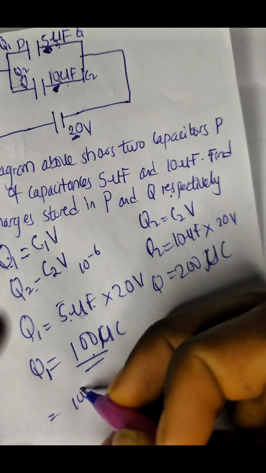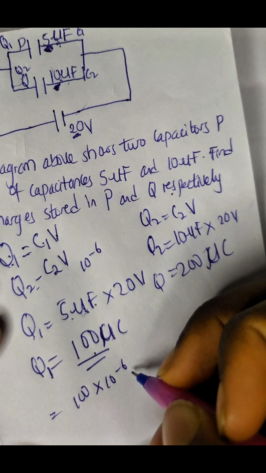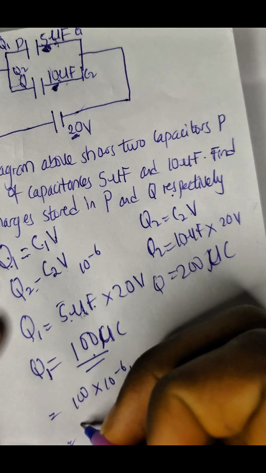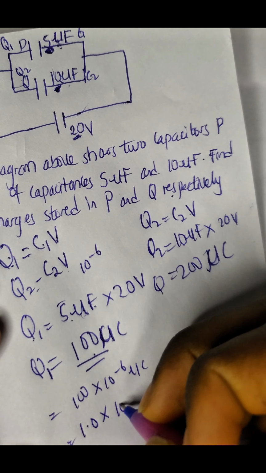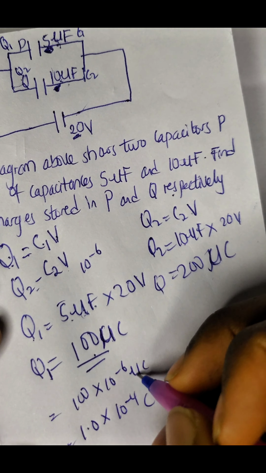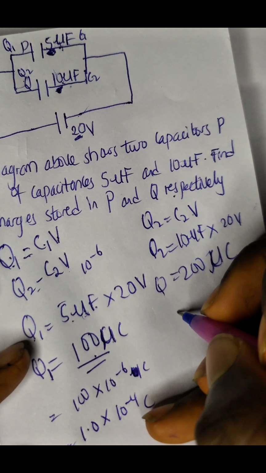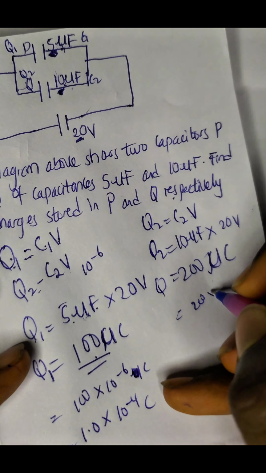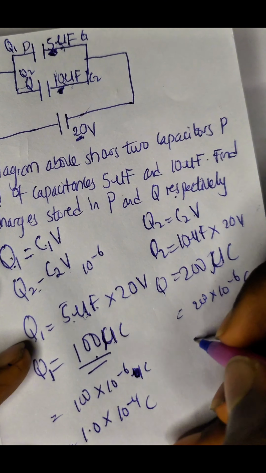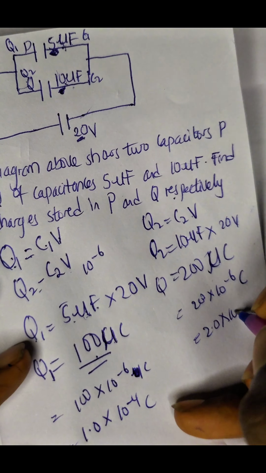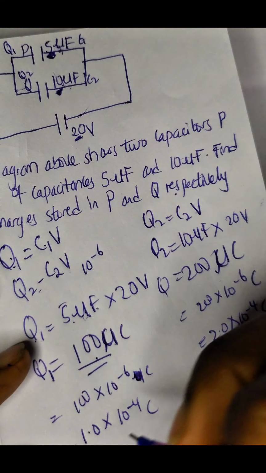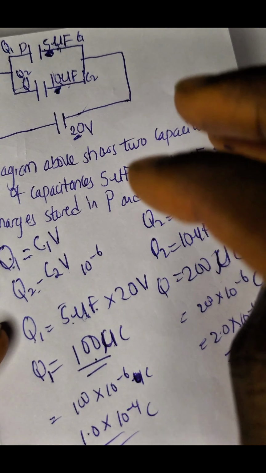That will give you 100 times 10 to the power minus 6, which, when set to standard form, will give you 1.0 times 10 to the power minus 4 coulomb. So this is 200 times 10 to the minus 6 coulomb, which will give you 2.0 times 10 to the minus 4 coulomb. So this is the answer for this question.